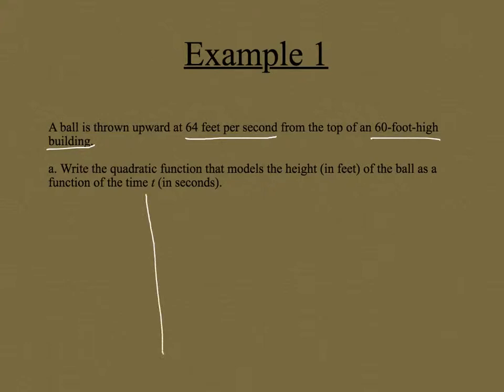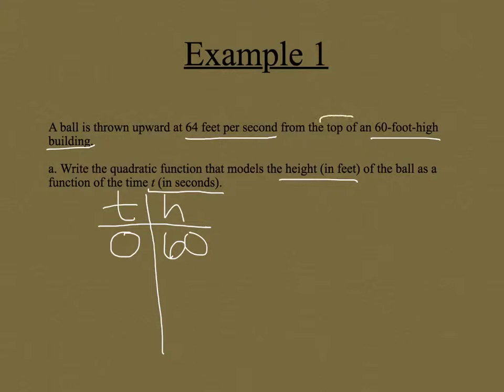Well, we really know a couple things here. One is that we have two variables, time and height. H is measured in feet and time is measured in seconds. Well, we know that at time equals 0, the ball is 60 feet from the ground because the ball is on top of the building that is 60 feet high.